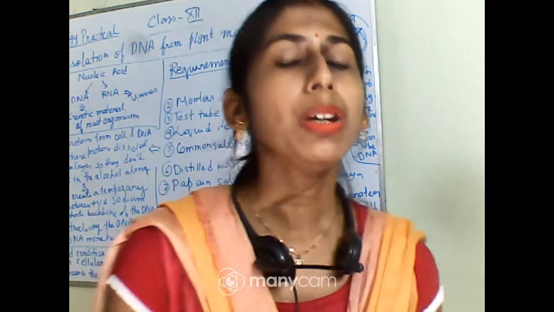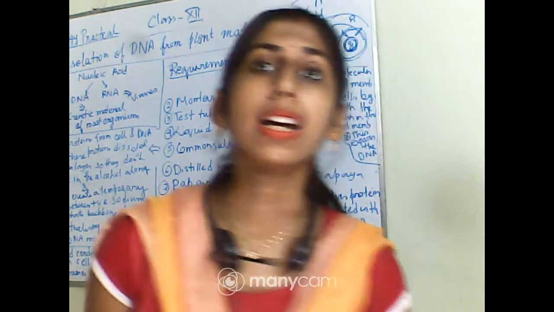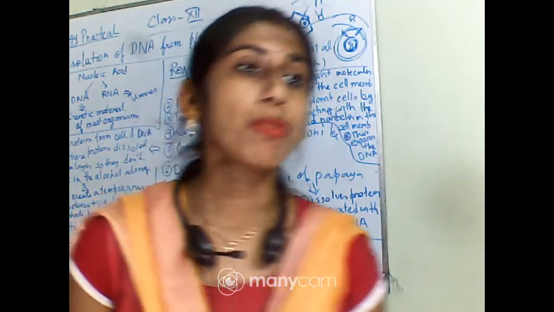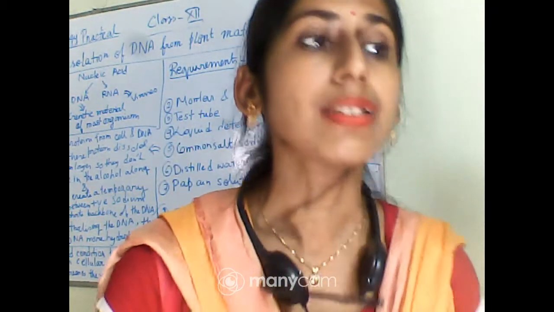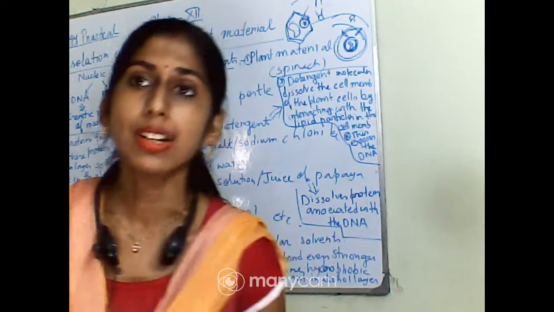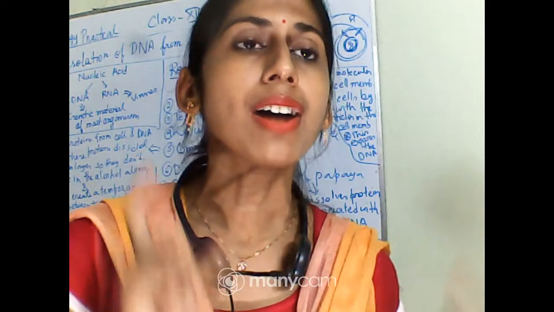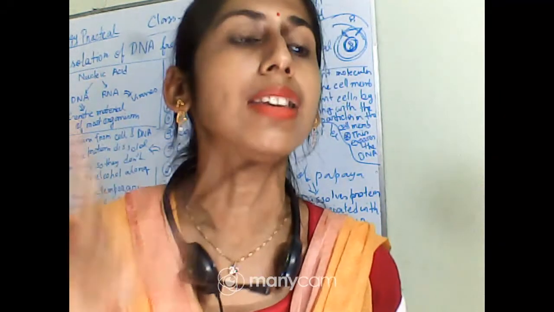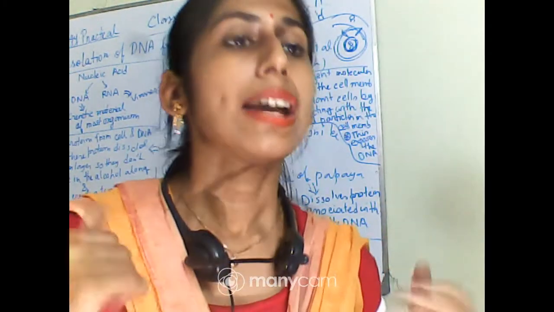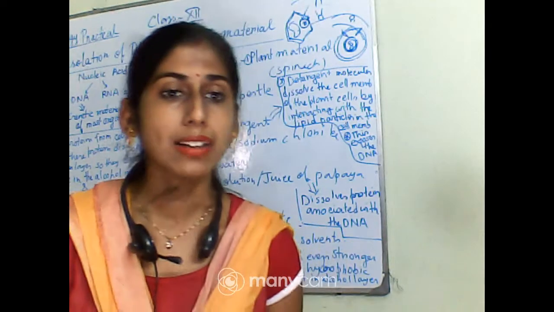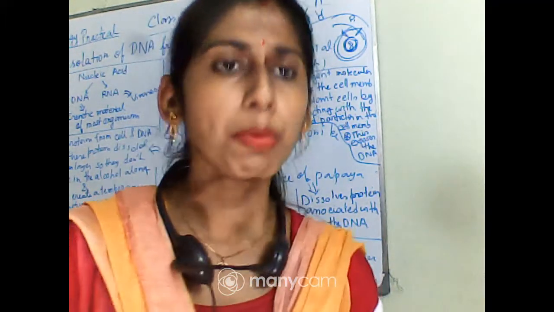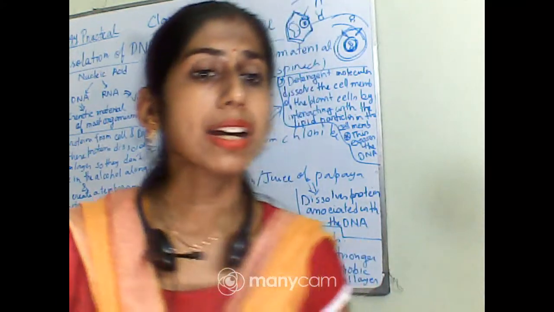Now you may ask me, ma'am, what sequence should be followed for writing the practicals? I will tell you to follow the sequence given in your syllabus. That means first you write the pollination, then isolation of DNA, and after that you start writing the spotting or observation part. First spotting will be the one I have discussed today.